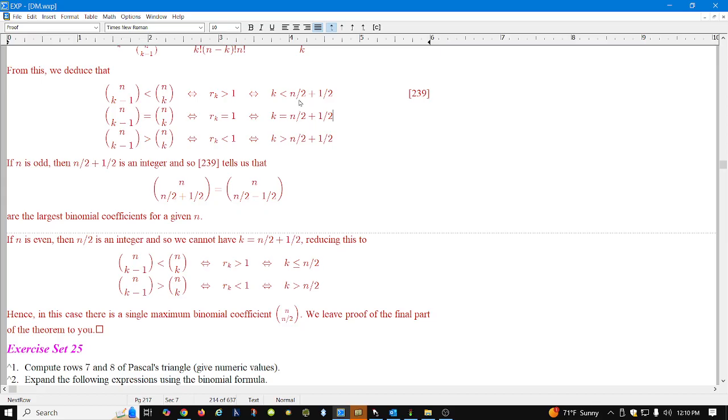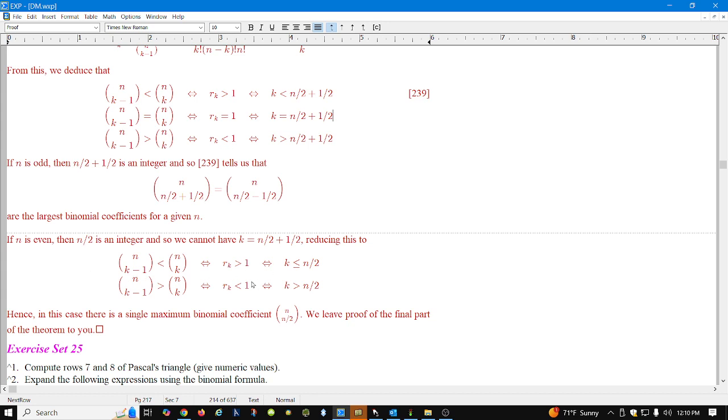And k less than n over 2 plus 1/2, because k is an integer and n over 2 is an integer, means k is less than or equal to n over 2. K bigger than this is equivalent to k bigger than n over 2. If this is kind of vague in your mind, try some numerical examples. Take n even, say n equal to 10, and see how it works out.